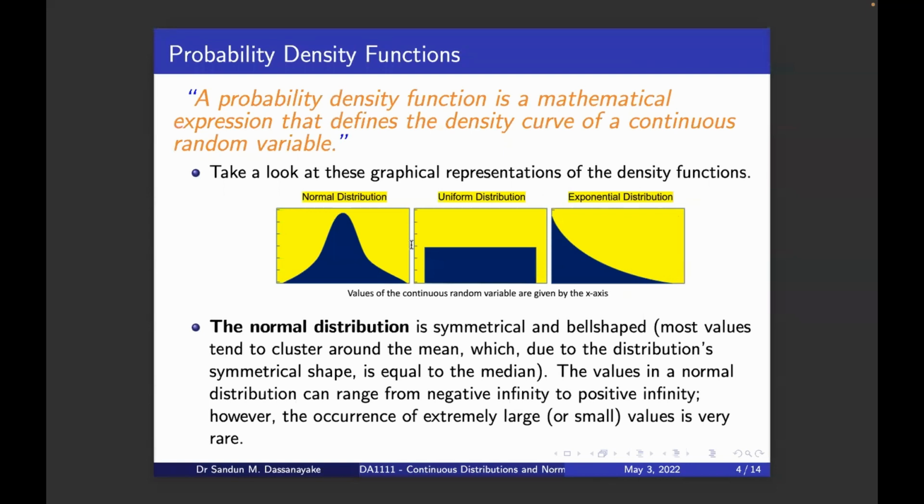Each of these distributions has its own characteristics, and also its own equation for its definition. A probability density function is a mathematical expression that defines the density curve of a continuous random variable. So now you know what a density curve is. When we talk about a density curve of a continuous random variable, a probability density function defines the shape of the curve.